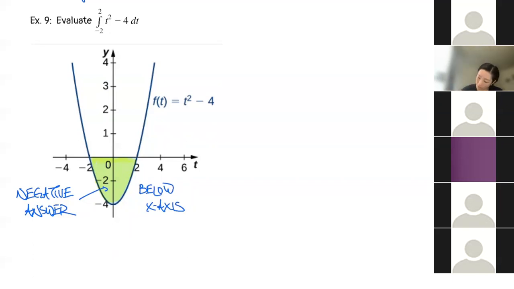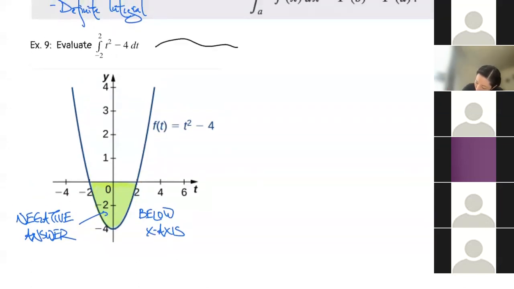All right, so let's get started. The integral from -2 to 2 of t squared minus 4 dt. What's our first step in evaluating that, folks? What do we want to do first?